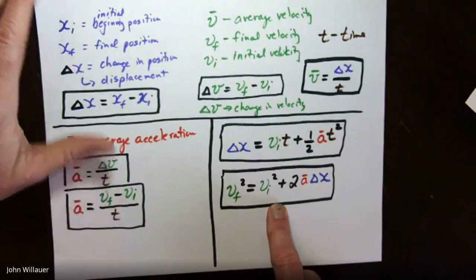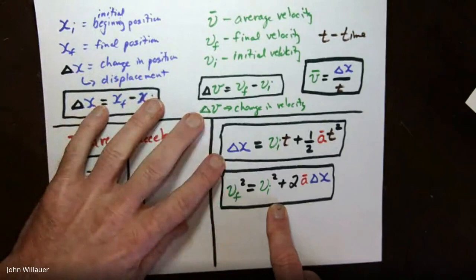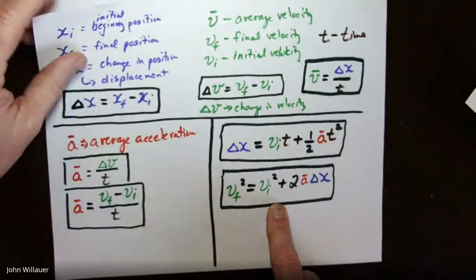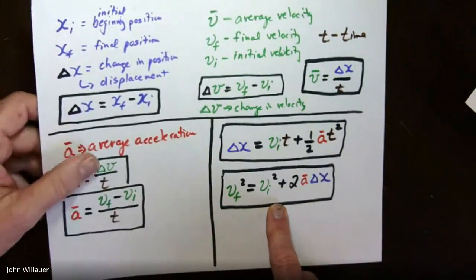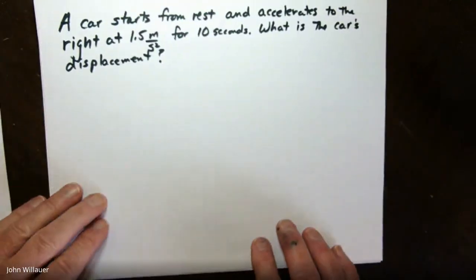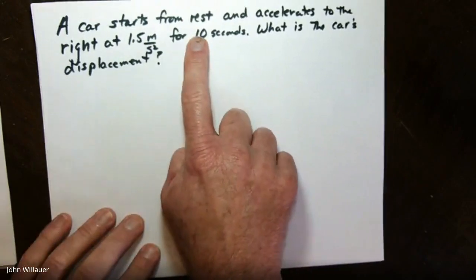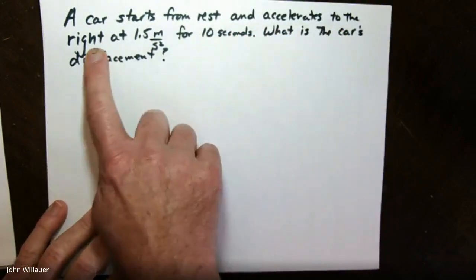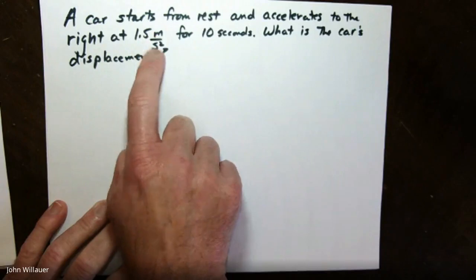So with this idea in mind, I'm going to use these expressions and go through some example problems so you can see what these look like. So the first example problem that I want to look at is this example problem here. So in this particular case, I have a car that starts from rest, accelerates to the right at 1.5 meters per second.